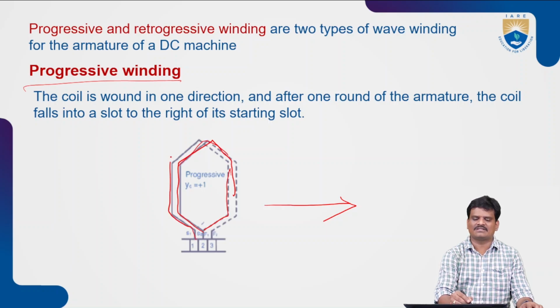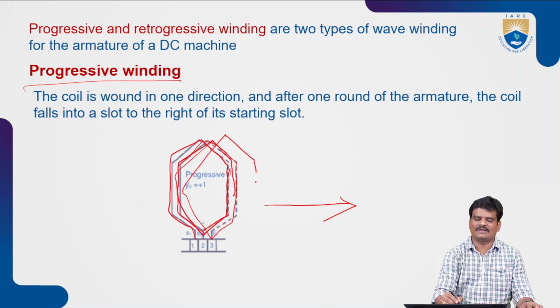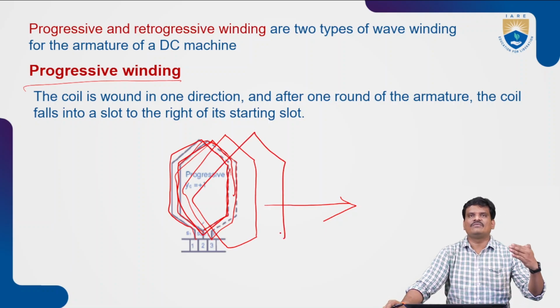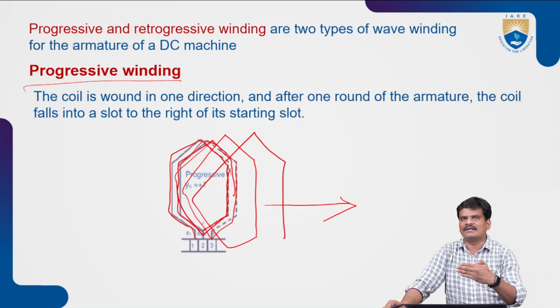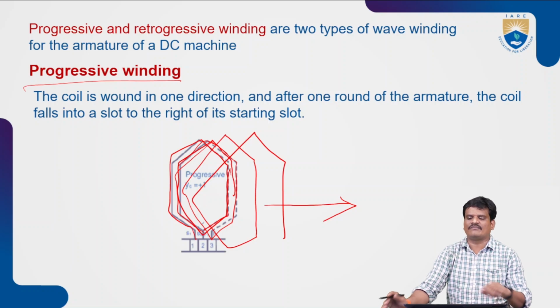Suppose this is my coil starting here, it will move like this, again it will move like this, again from this it will move like this. So the coil is wound only in one direction after completion of one round of armature.